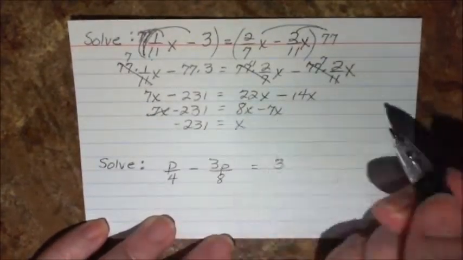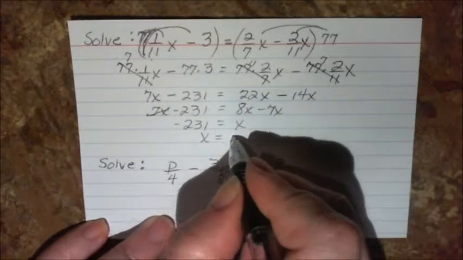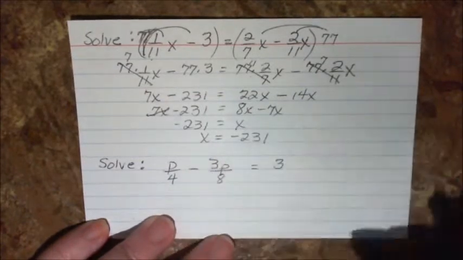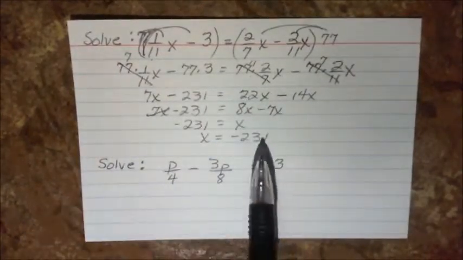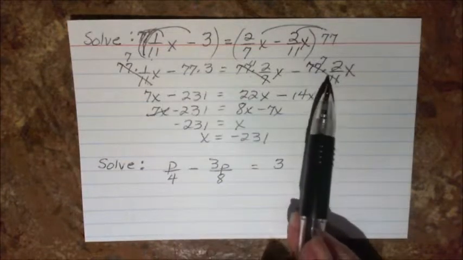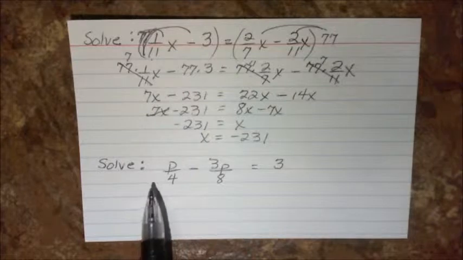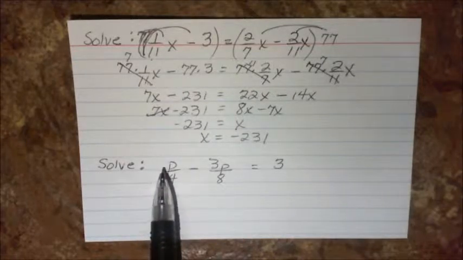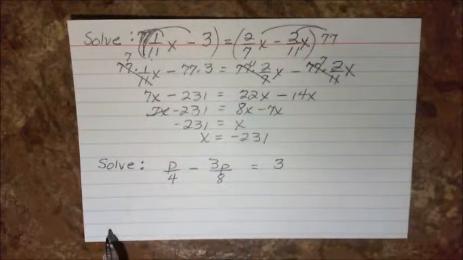So we could write our result this way, or we could turn it around and say x is equal to negative 231. Alright, and remember to check to see if that really is the solution. We could take it back and run it through the original equation with fractions, and we would see, yes, this does check.